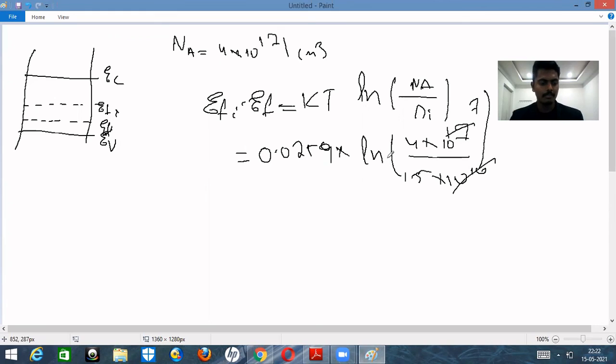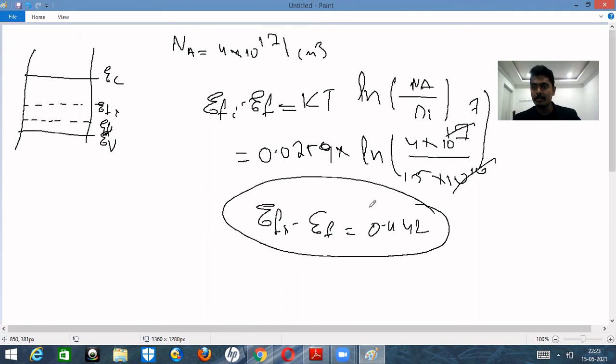So automatically if you solve this one, 4 divided by 1.5 is equal to something into 10 power 7. You will have something, and if you apply natural logarithm, 17.098. Okay, so this multiplied with 0.0259, you will get 0.442. So therefore EFI minus EF is equal to 0.442.